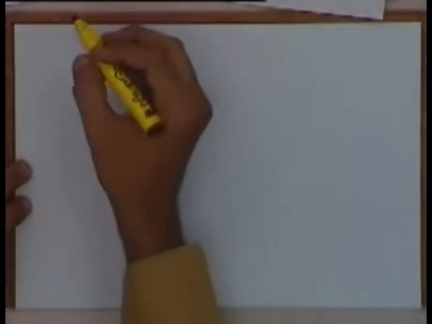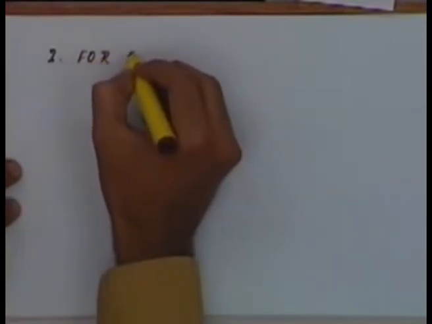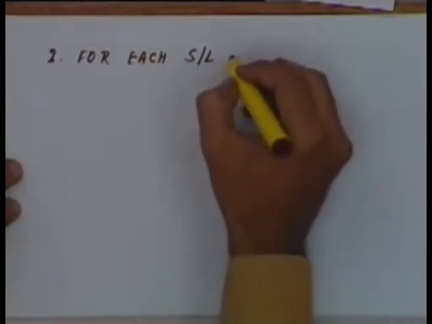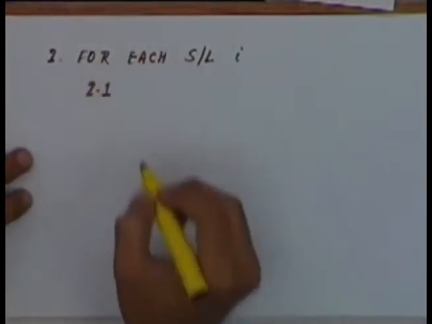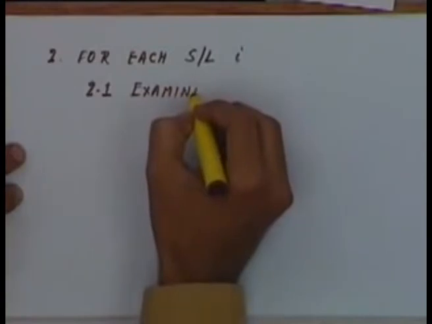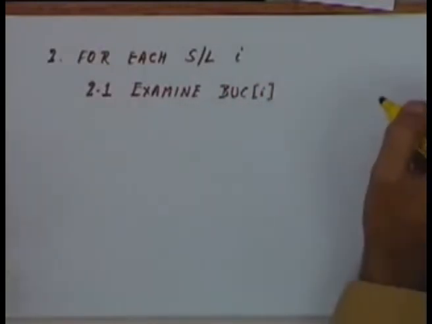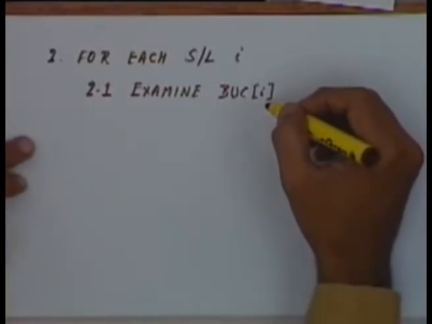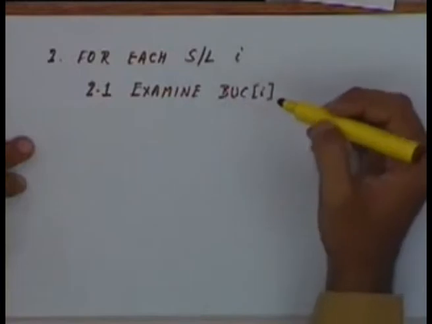Now, step 2 is, for each scan line, SL I am keeping for scan line, for each scan line I, the first thing we will do is examine bucket of I. We will first check whether there are any edges which are starting in that particular scan line, or if any edges are coming to an end at that scan line.